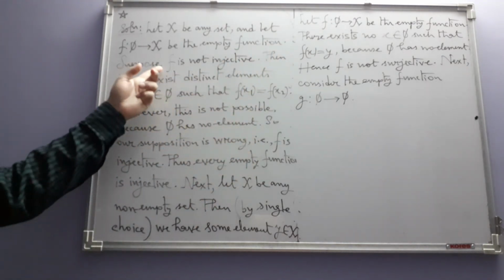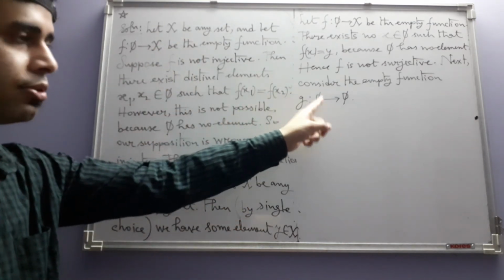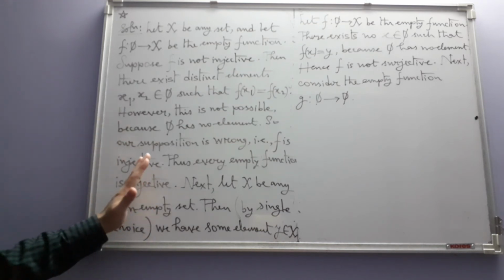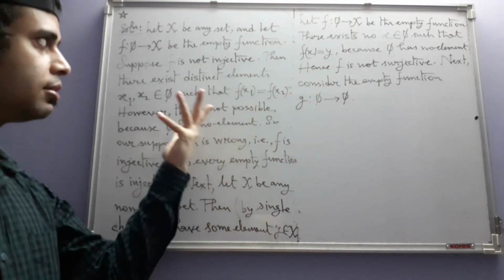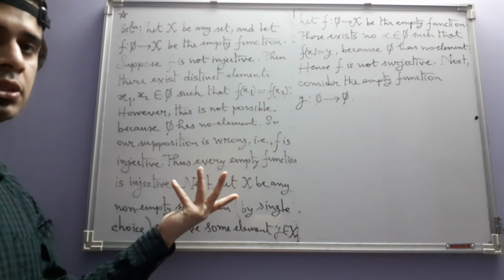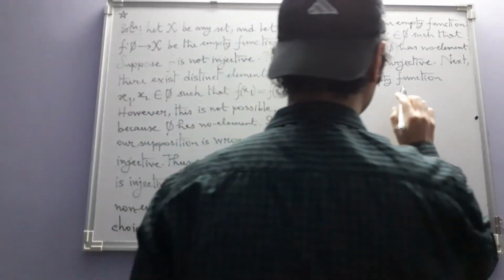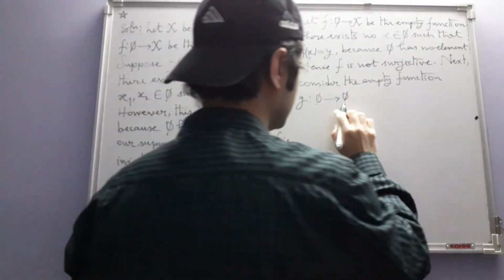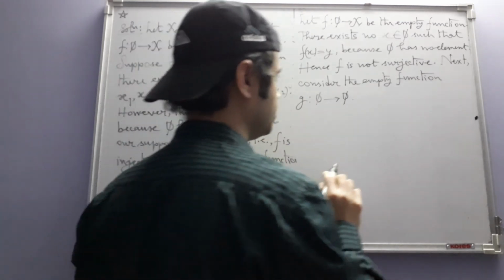You may feel that there should be some symbol to denote the empty function, just like there is a symbol to denote the empty set. But the empty function does not arise as frequently as the empty set arises in mathematics. Maybe that's why the mathematicians did not bother to invent any special symbol for it. So anyway, here I am denoting it by some other name, g. This particular one has its range also equal to the empty set.